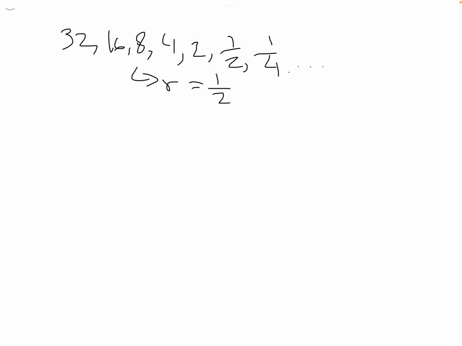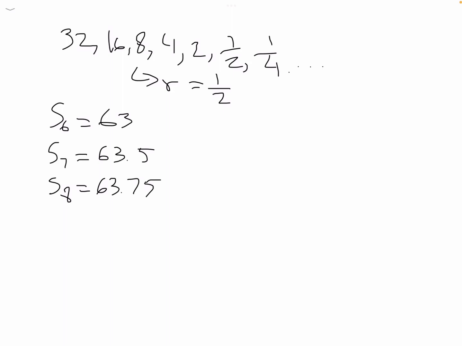If we calculate the sum of the terms, say I list out a couple, S6, which is equal to 63, S7, which is equal to 63.5, S8, which is equal to 63.75, and we can go to 100 and beyond. No matter how many numbers in the sequence, the sum will never pass 64.